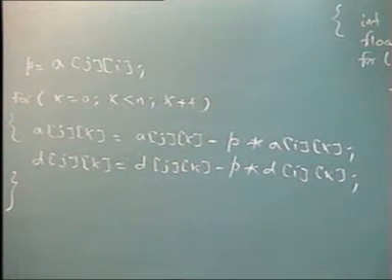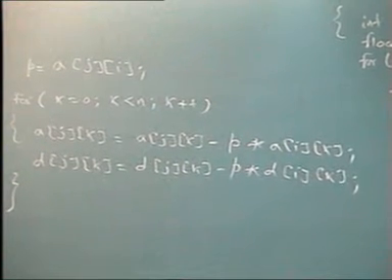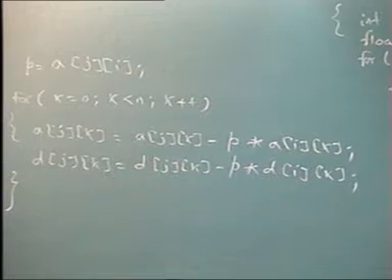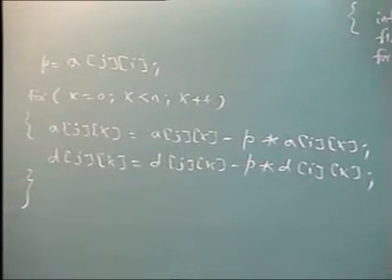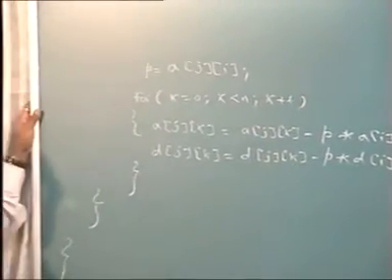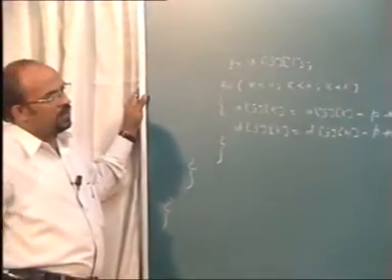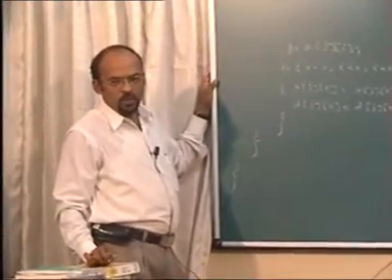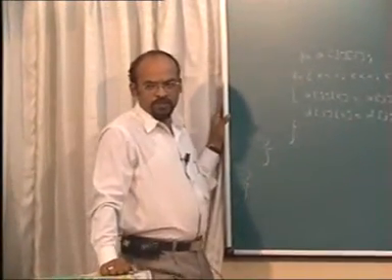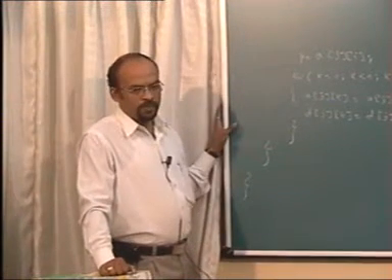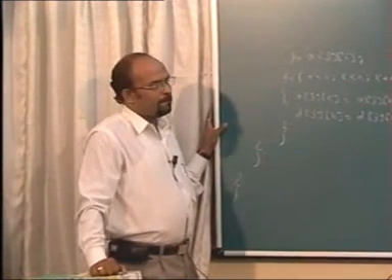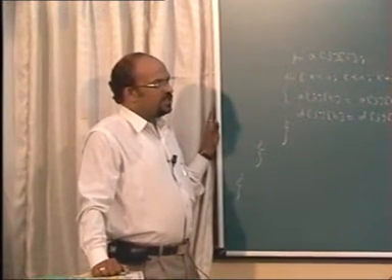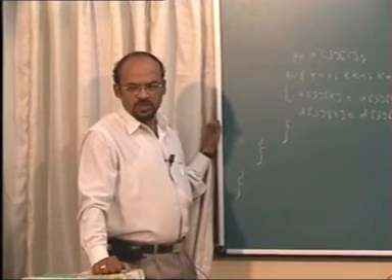This will give us inverse in D. Only one assumption that we have over here, that A of ii is not 0. Make a note. A will change to identity, D will change to inverse.